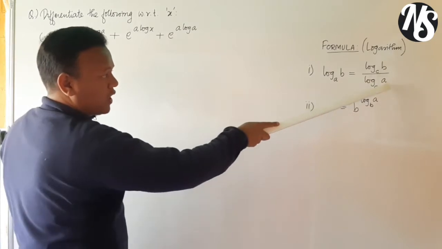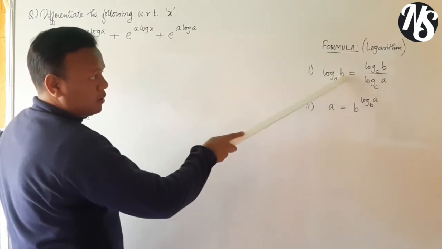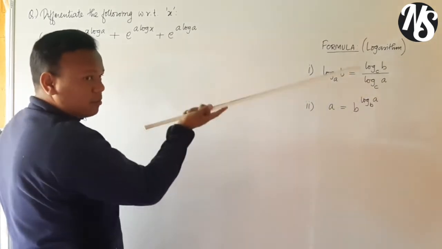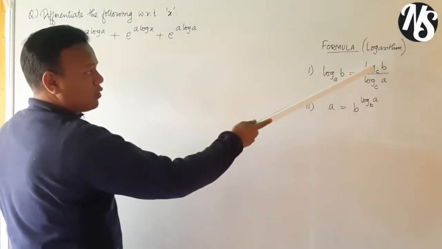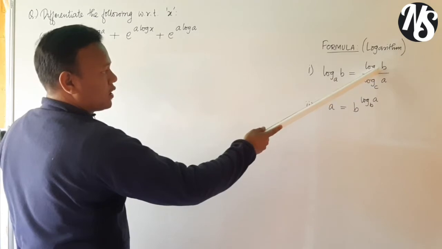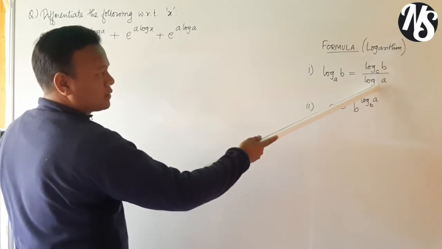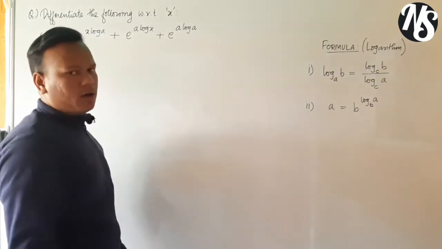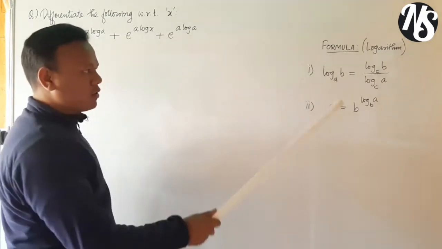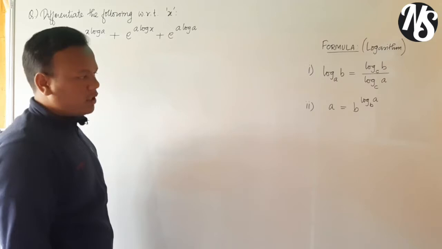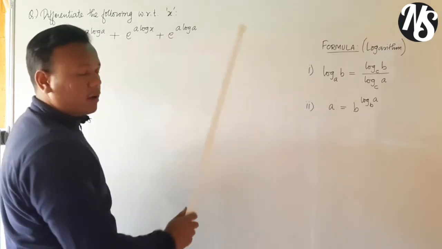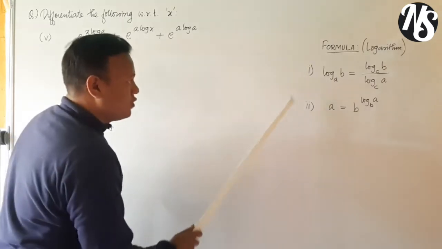Log a is written in the denominator, b is situated at the upper position, so that's why I've kept log b in the numerator. So log b by log a. Now you can introduce a new base c, of your choice. So this is a very important formula. Next is this formula. Now you have to learn it by heart. Fine, so these two formulas are there.